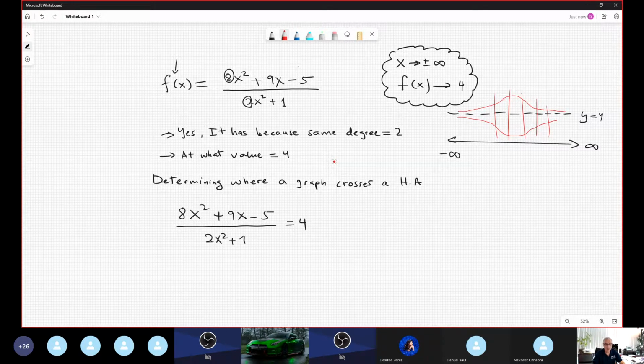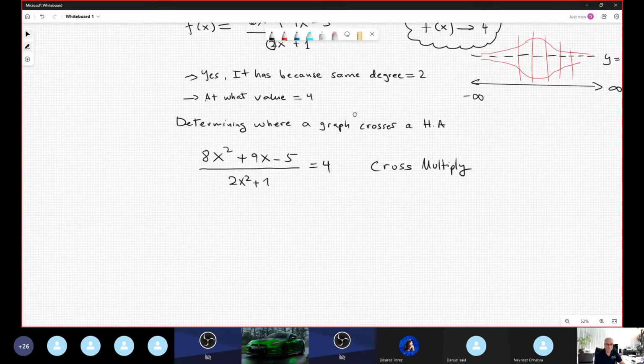I say that this does not frequently happen, but it can happen. So you set up this equation to investigate this idea, and you apply cross multiply. You multiply 8x squared plus 9x minus 5 by 1, equal to 4 times 2x squared plus 1.